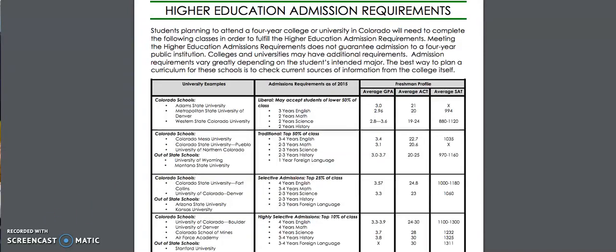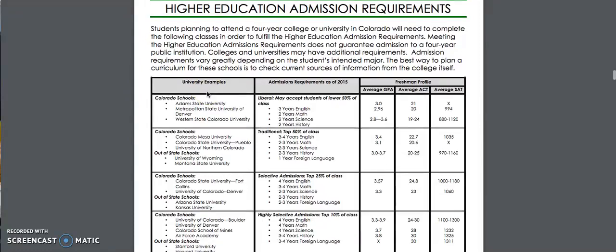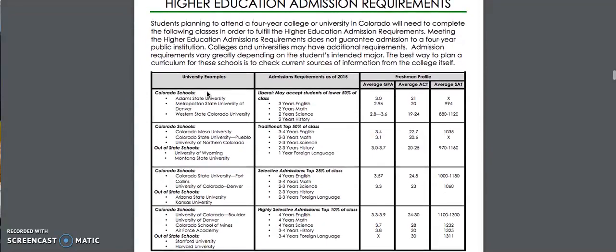Next, we have the higher education admissions requirements here on page 16. And as you can see, if you look in the left-hand column, we've chosen some schools, and they increase in terms of how selective they are or how hard they are to get into, and have broken down and shown you how many years of certain coursework those schools are expecting that you are taking in high school.